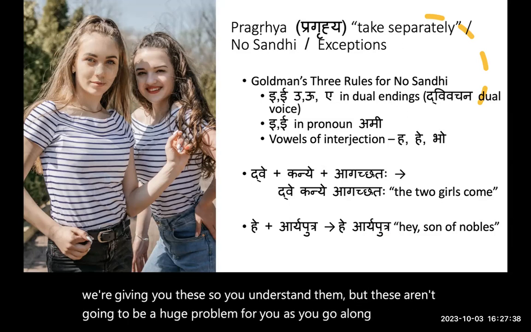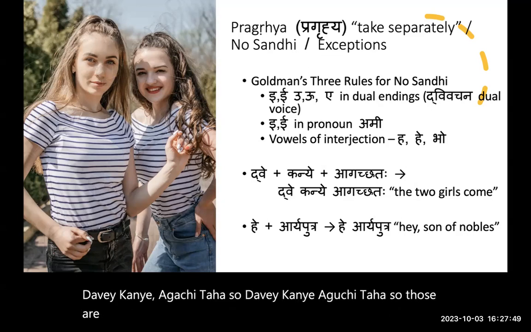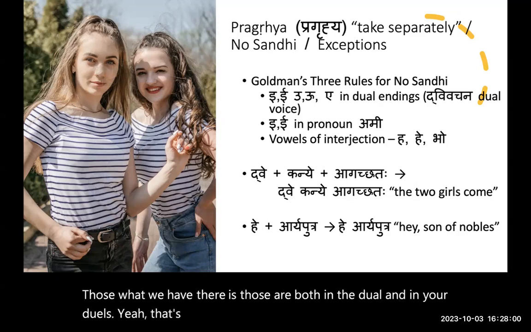So you have dve, kanye, agachataha. Those are both in the dual, and in your duals, the sandhi doesn't apply.